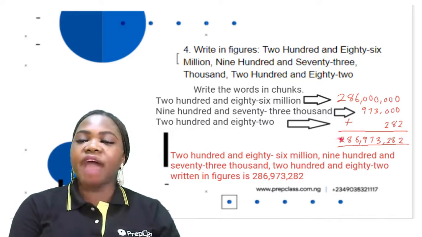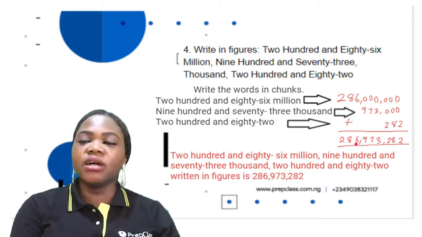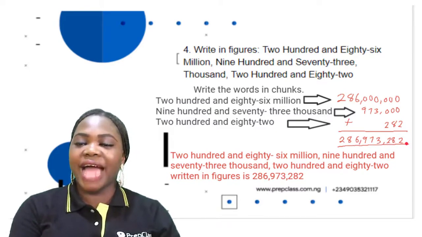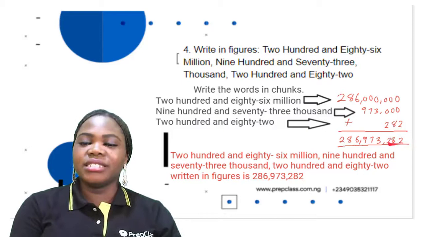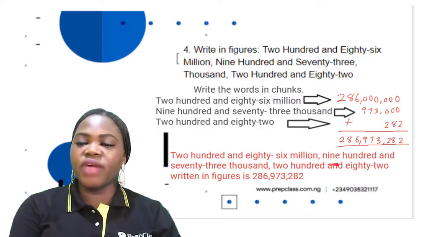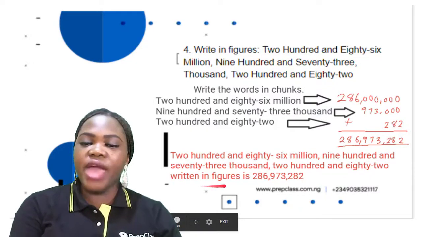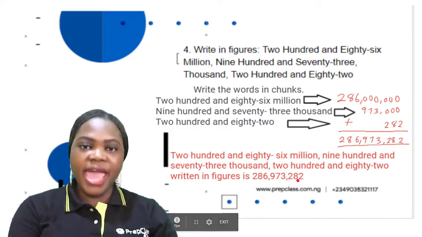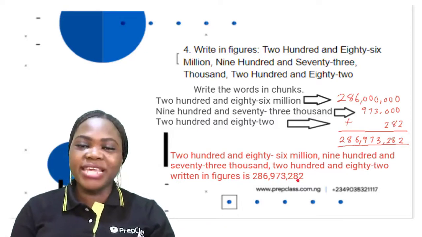So now we have 286 million 973,282. So it is written like this: 286,973,282 is written in figures as 286,973,282. So that is very easy.